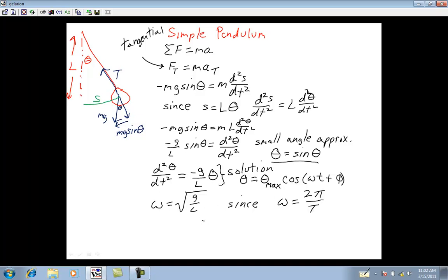Okay, and I can say that the period of a pendulum, this is again a simple pendulum, is 2 pi times the square root of L over g. So that's the derivation for a simple pendulum.